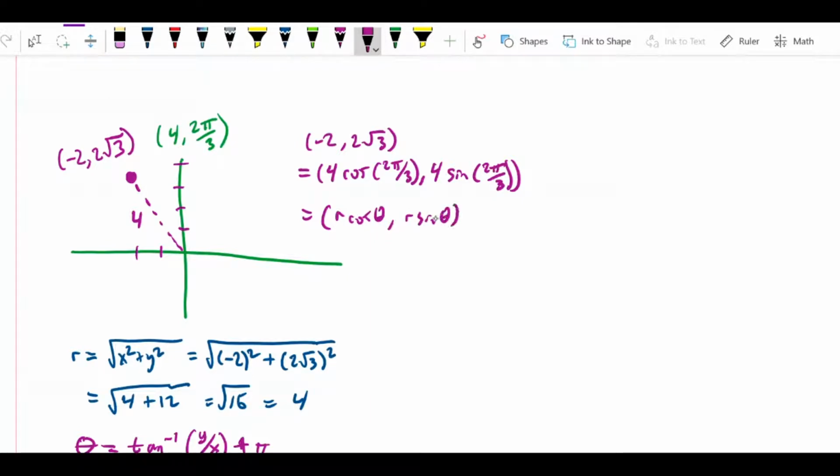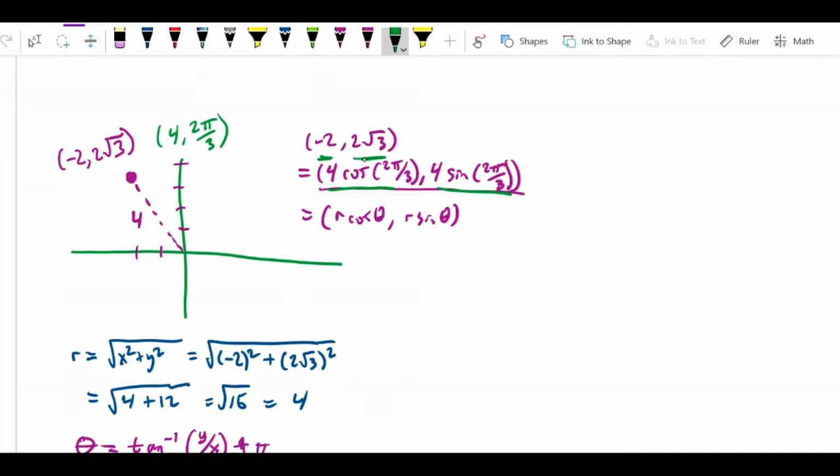We saw that when we converted in the other direction: x is equal to r cosine theta, y is equal to r sine theta. Cosine of 2 pi over 3 is negative 1/2, and sine of 2 pi over 3 is root 3 over 2. So when we multiply 4 by those, 4 times negative 1/2 gives us negative 2, and 4 times root 3 over 2 gives us 2 root 3. So this expression is equivalent to this one.